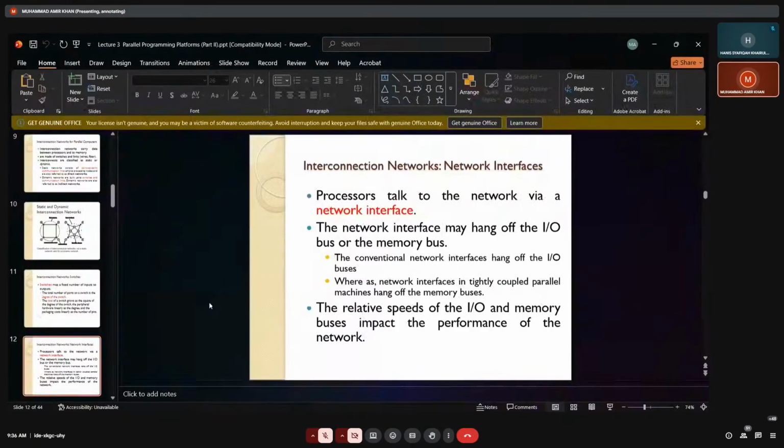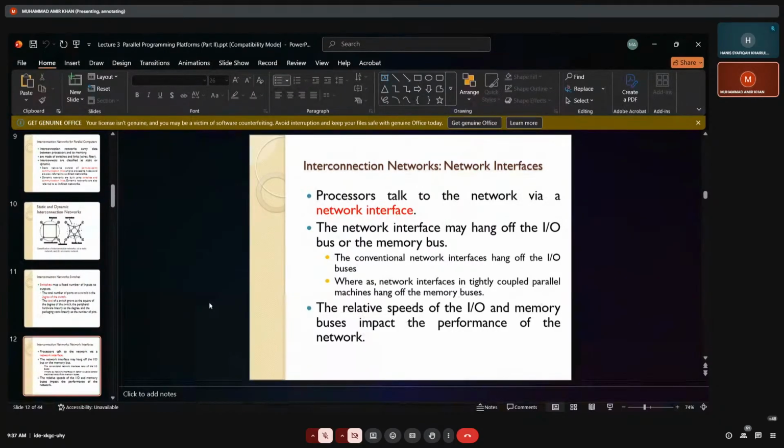A processor talks to a network via a network interface. How does a processor interact with devices? There is an interface, a connector. A network interface may hang off the input-output bus or the memory bus. Conventional network interfaces hang off the input-output buses, whereas network interfaces tightly coupled with the machine hang off the memory buses.